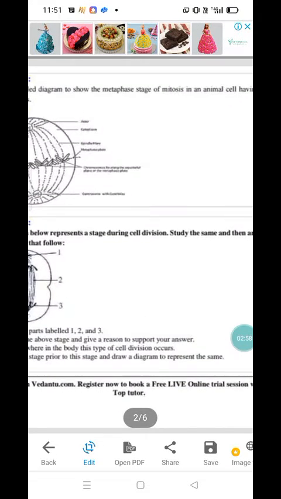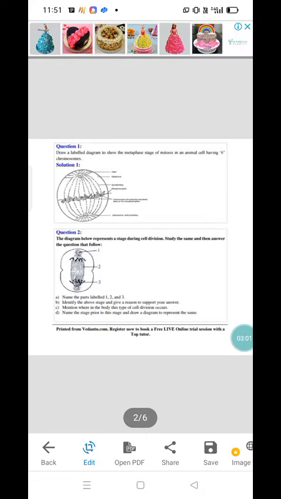So now, what is the stage? Number 1 marks the aster, number 2 is the spindle fiber, and number 3 is the chromatids. Okay, now, this stage is of what? Yes, it is a stage of metaphase, right? Metaphase. And why is it metaphase?